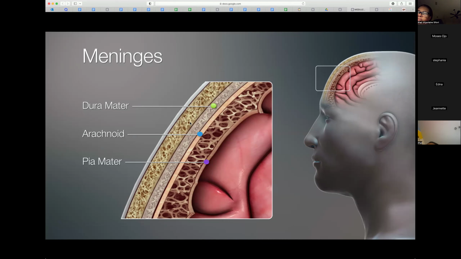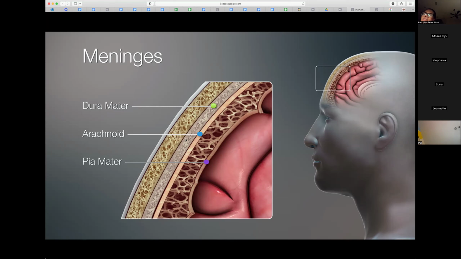So epidural, subdural. If you work at the nursing home, an elderly patient falls and then has a brain bleed, and they identify it as a subdural brain hemorrhage, that is underneath the dura.